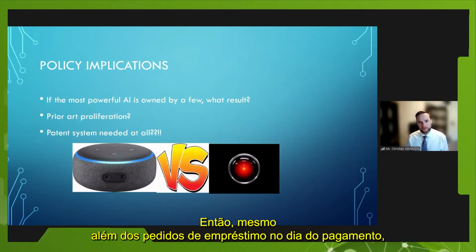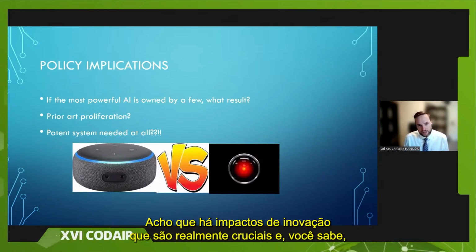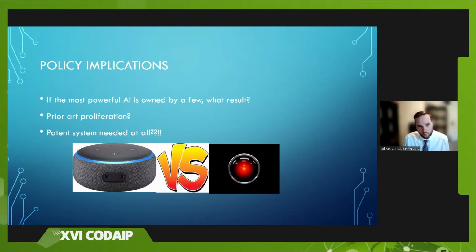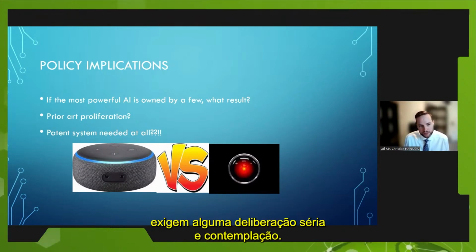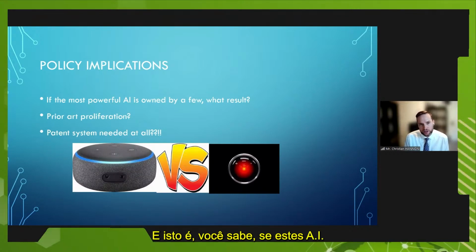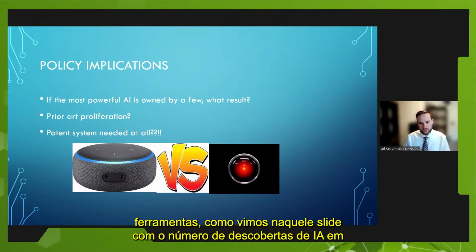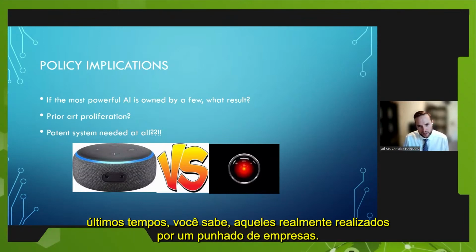So even beyond the patent law implications, I think there are innovation impacts that are really crucial and require some serious deliberation and contemplation. And that is, if these AI tools, as we saw on that slide with the number of AI breakthroughs in recent times, are only held by a handful of companies, right?